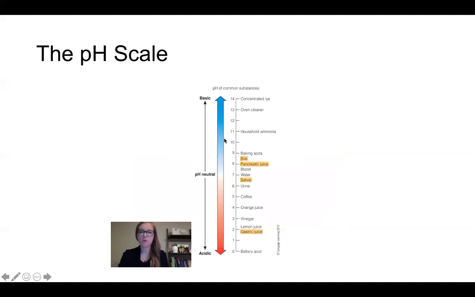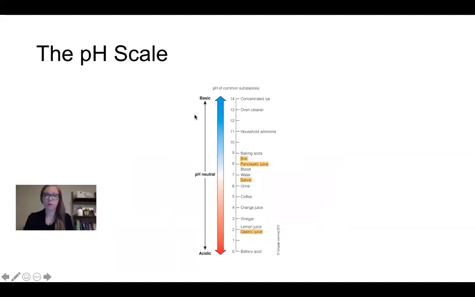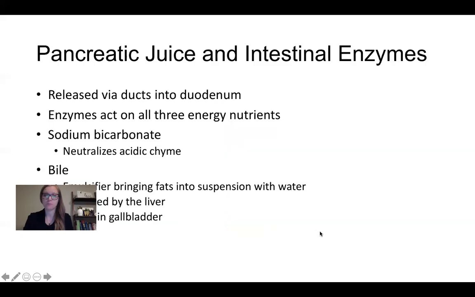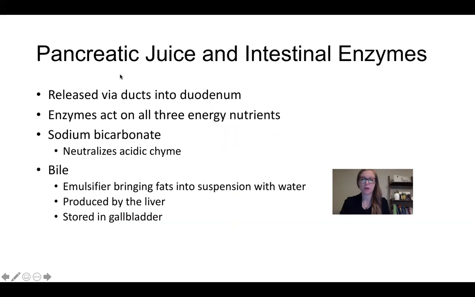Okay, and we'll learn more about this for acid-base balance, but just quickly, bile is more basic, and the juices, saliva, and then gastric juices, more acidic to help break down the food. Okay. The pancreatic juices and intestinal enzymes to help break food down.